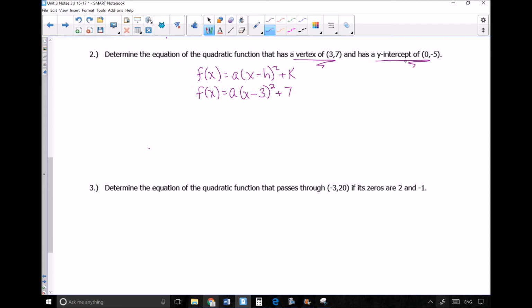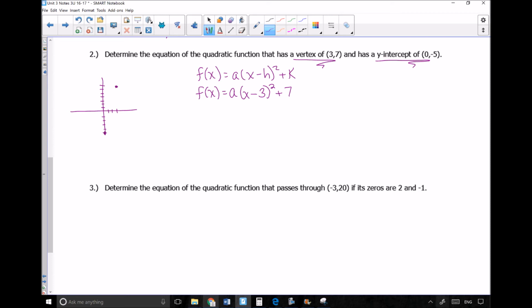Okay, now we also know that it has a y-intercept of 0, -5. So what I want to do is draw a quick sketch of it to predict if my a value is going to be positive or negative. So if it has a vertex of 3, 7, 1, 2, 3, 1, 2, 3, 4, 5, 6, 7 right here, this right here is what my vertex is, and the y-intercept is 0, -5.